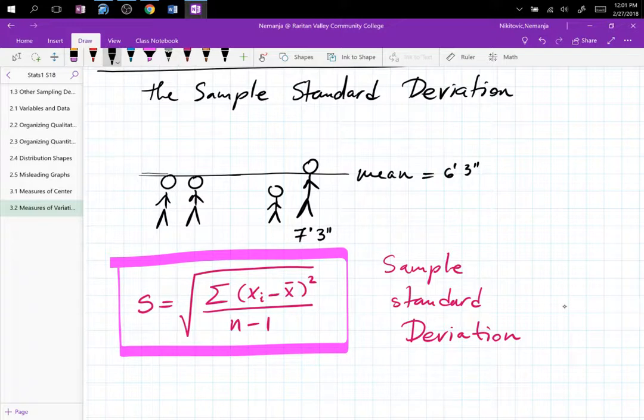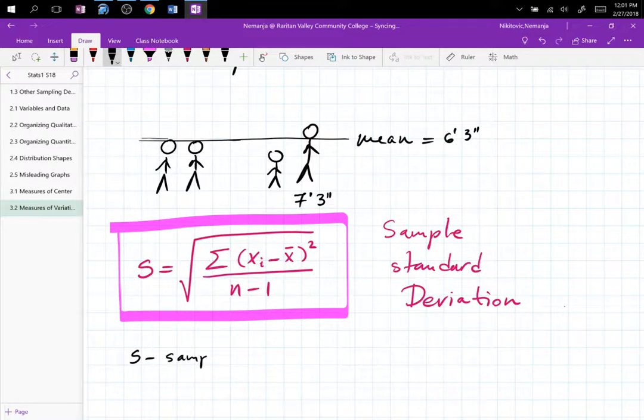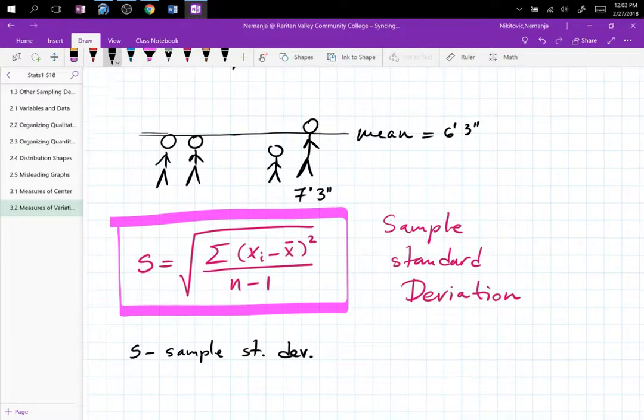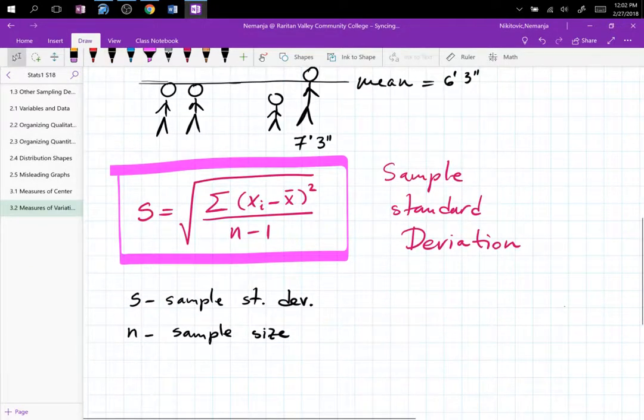So now, as for the legend, to understand what these letters mean: s is the sample standard deviation. Lowercase n is the sample size. Xi, individual observations.